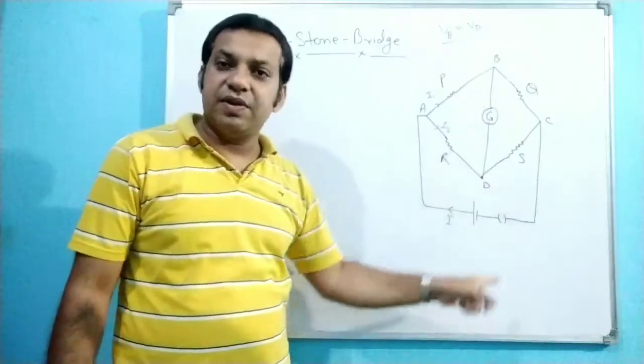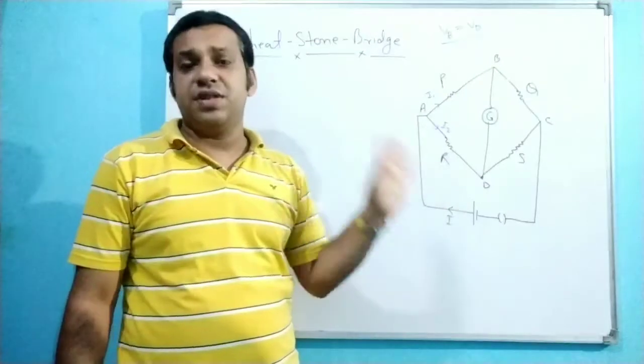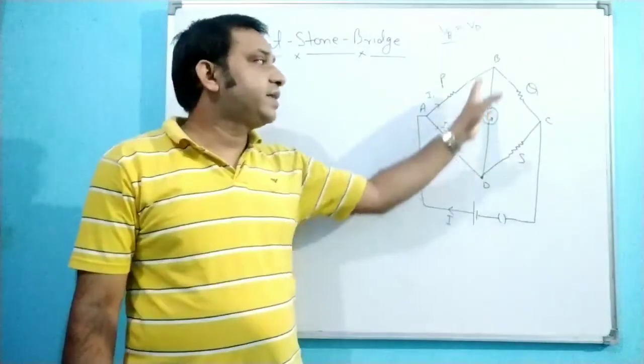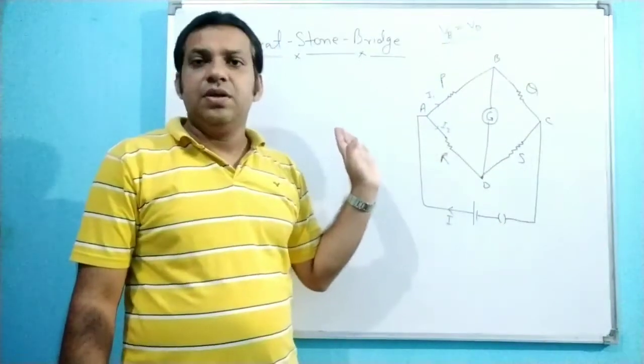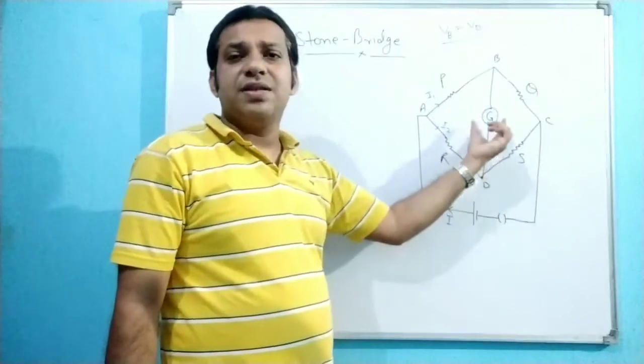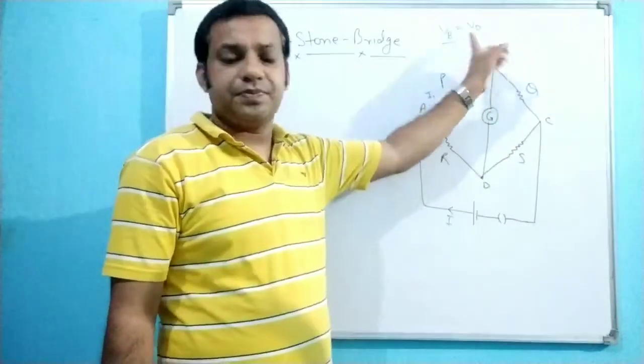If there is no potential difference, there is no current. You know that potential difference causes the flow of charge. So we are assuming in this particular branch no current is flowing, and it is only possible when VB is equal to VD.